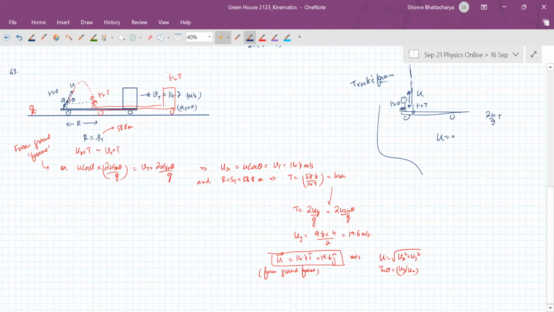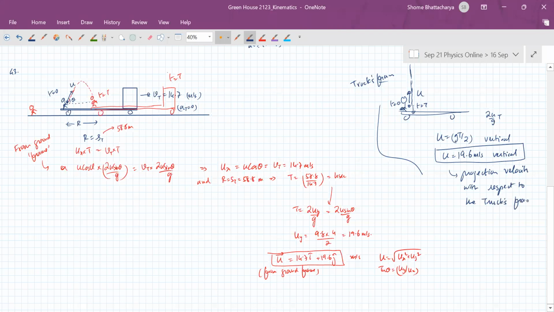So u just becomes... okay. So we will also see the solution of this type of question later using relative motion concept.